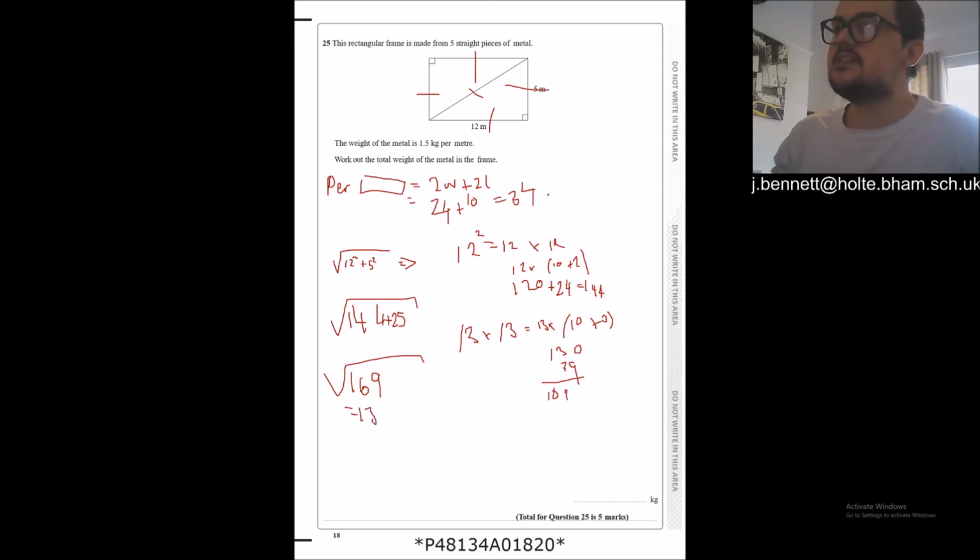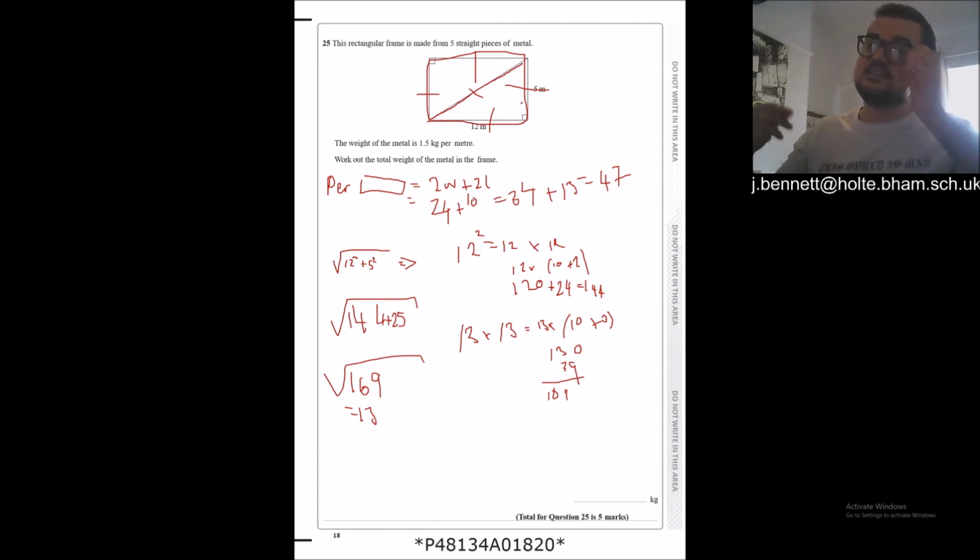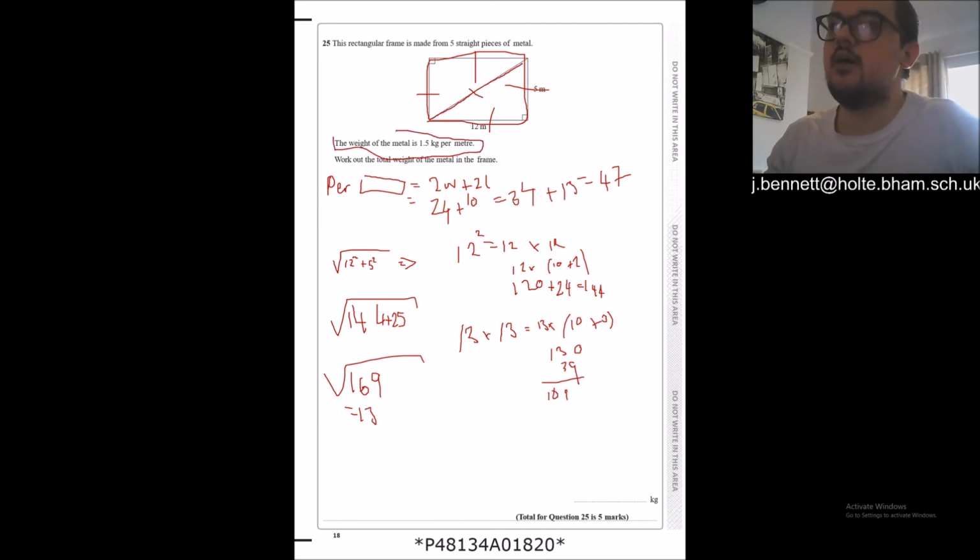So we can add 13 to our perimeter, and we now get 47, because we've done 12 plus 5 plus 12 plus 5 plus 13. The weight of the metal is 1.5 kilograms per meter. We have 47 meters.